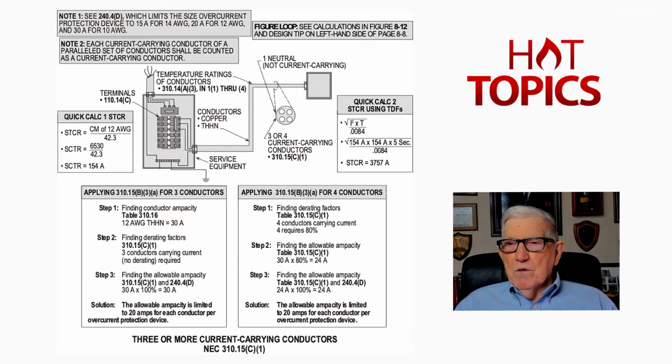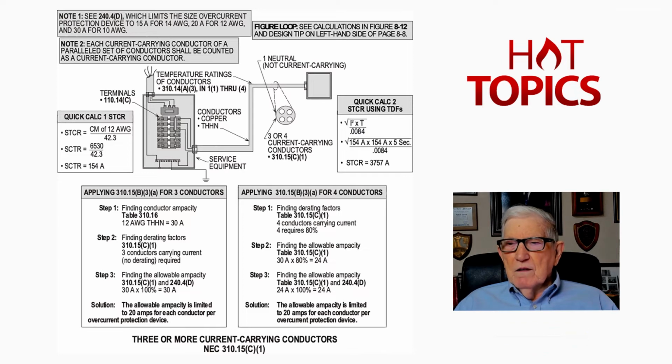And then if you went over to the quick calc 2 and the square root now, you would have the current squared times the time. So it'd be 154 times 154 that you see here, times 5 seconds, because that's what the 42.3 is based on, and you divide it by the new clearing time.